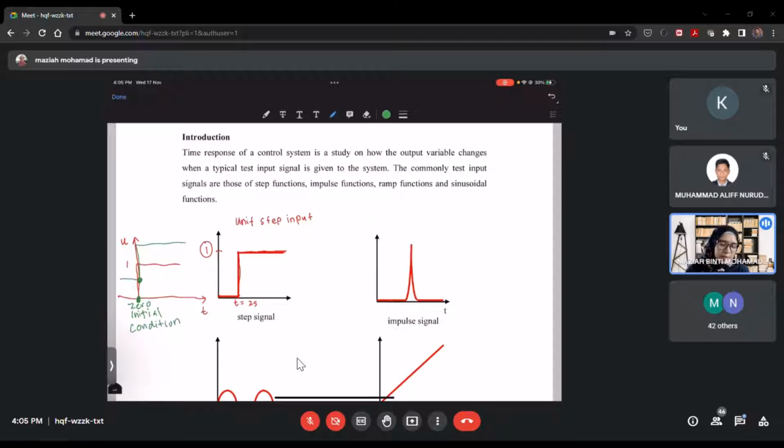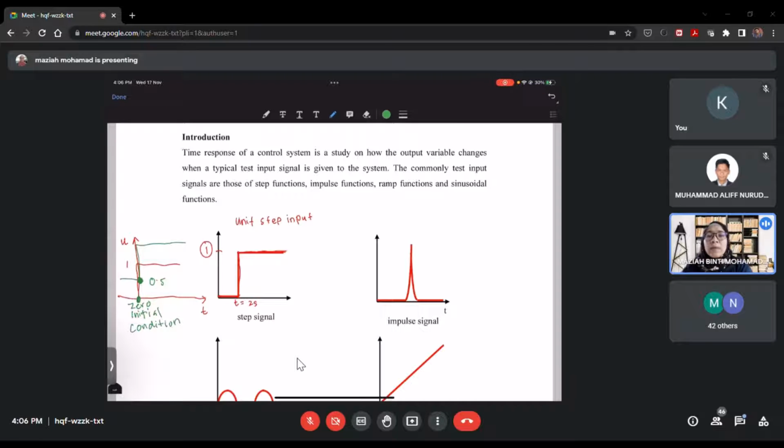But if it starts at some value, let's say here 0.5, then the initial condition is not 0. The initial condition will be equal to 0.5. That is the most common input signal that you will see in control applications.